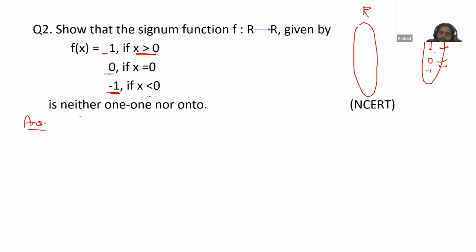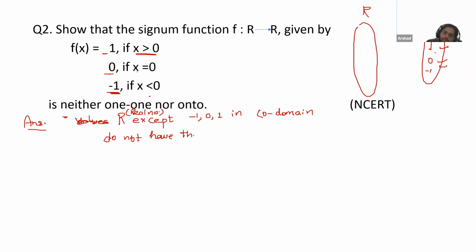So this is not onto. What statement will we write? Real numbers except -1, 0, and 1 in the codomain do not have their pre-image, hence the given function is not onto.